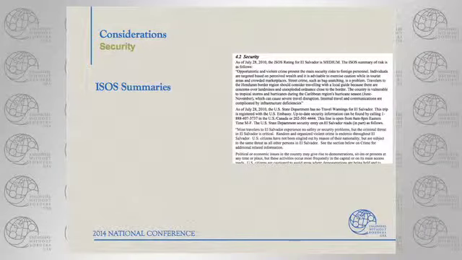ISOS, we have a partnership with ISOS as an international assistance provider. They have good summaries if you go to a different country like Panama, El Salvador, Nicaragua, Liberia, Zimbabwe, or other countries out there.